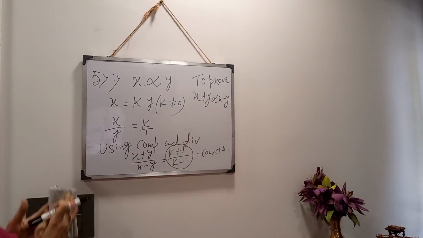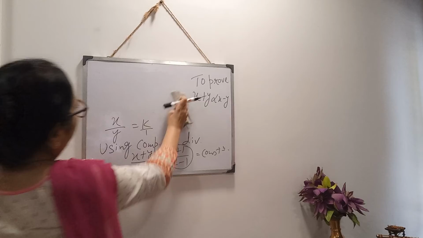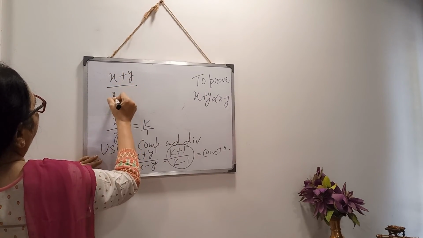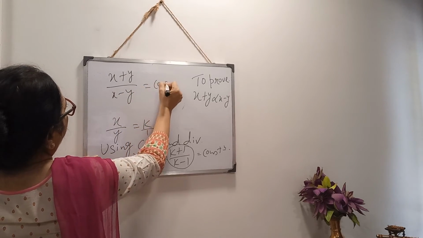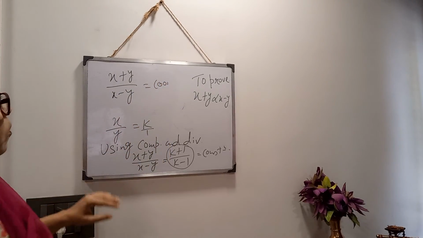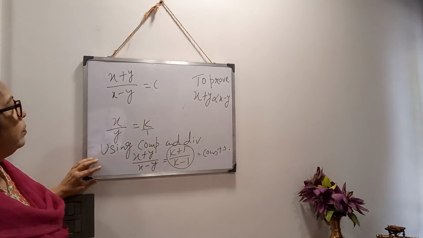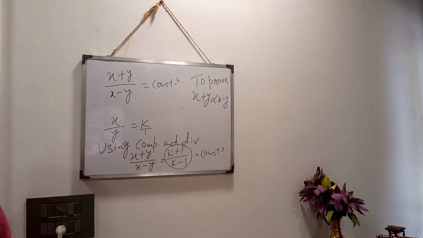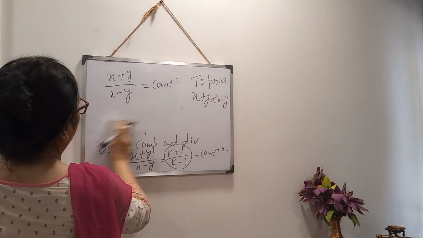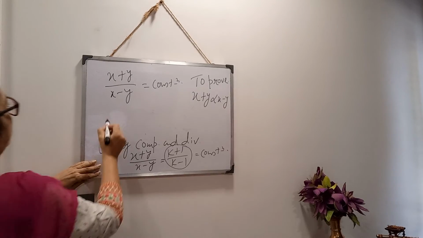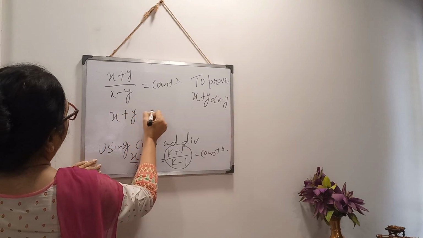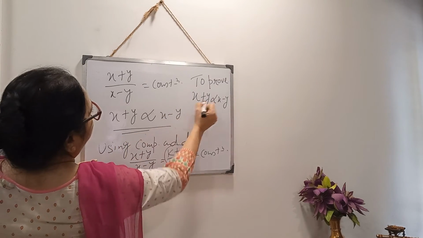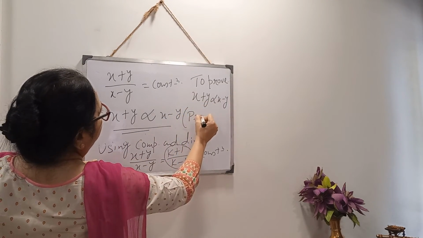So from here what you are getting? x plus y by x minus y equals constant. So from here we can conclude that x plus y varies as x minus y. Clear? This you had to prove. So we have proved.